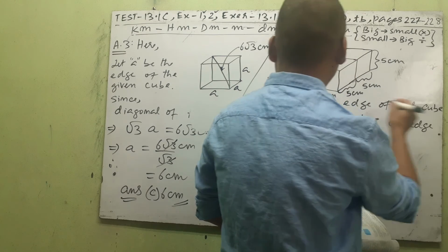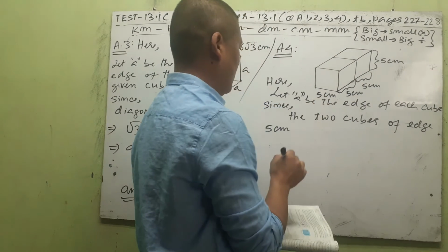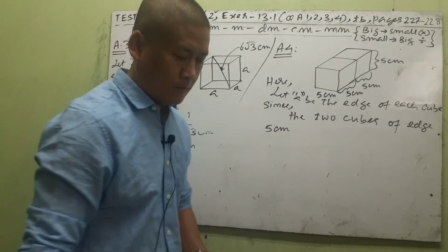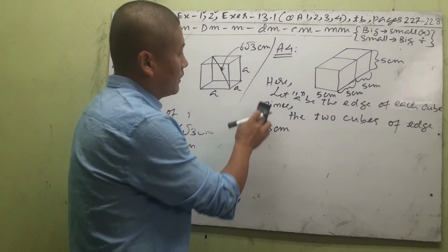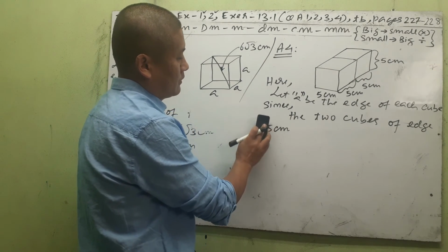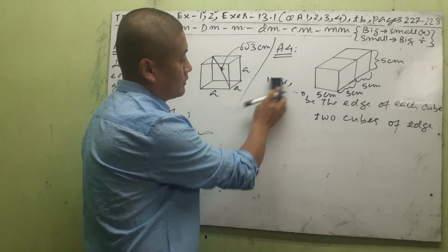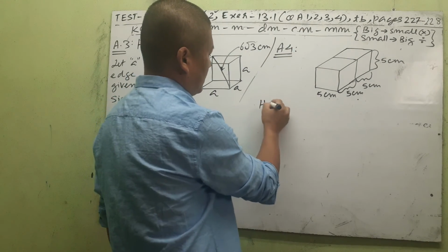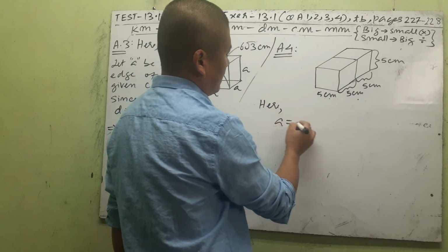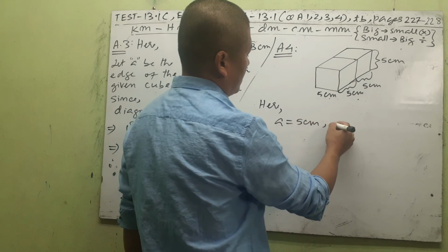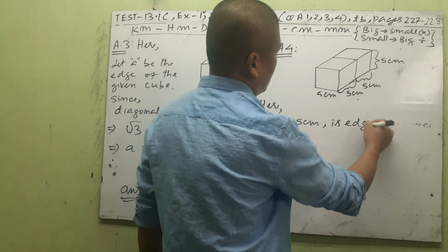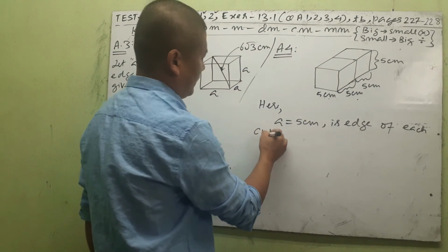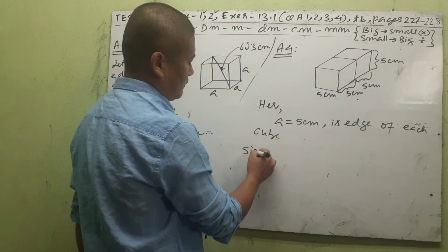So keep that in your mind, this A. Let A equal to 5 centimeter be the edge of each cube. We can put it like that. Then we can go to the next part.